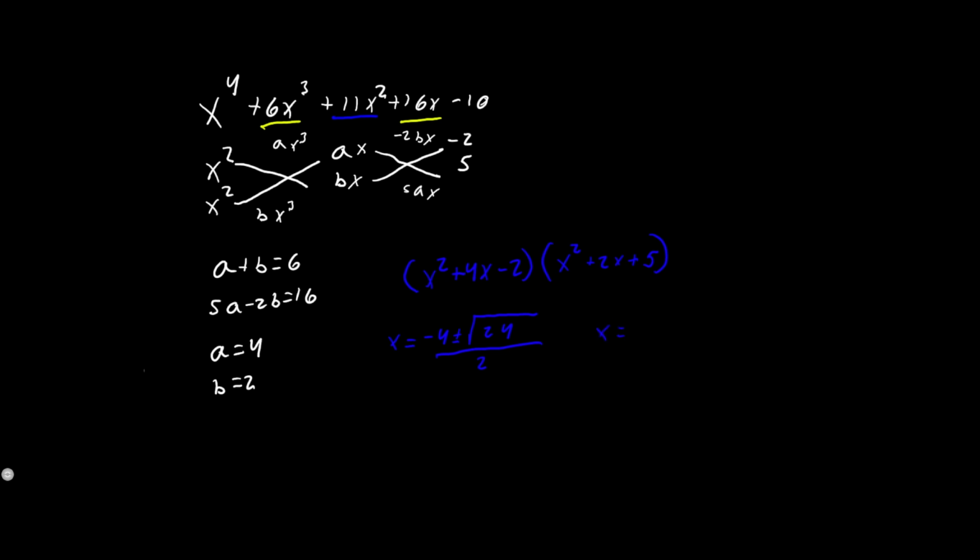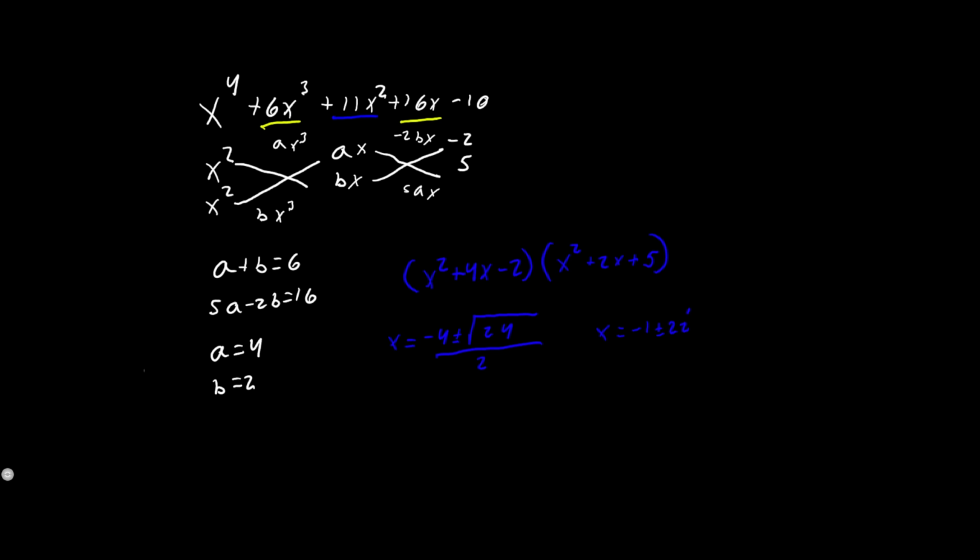So we have x is equal to negative 2 plus or minus root 4 minus 20, which is negative 16, and the square root of negative 16 is 4i. So we have 4i over 2, which is negative 1 plus or minus 2i.